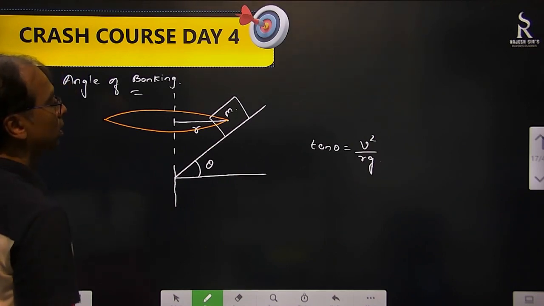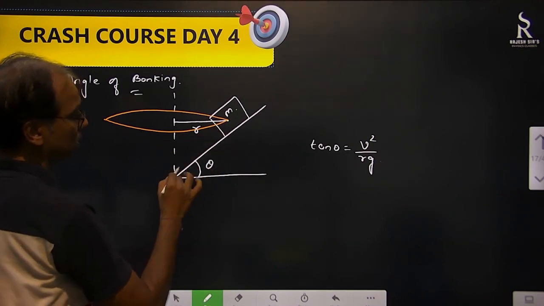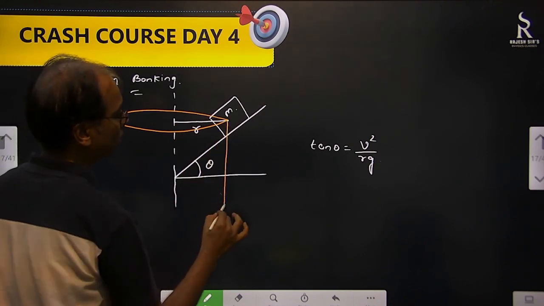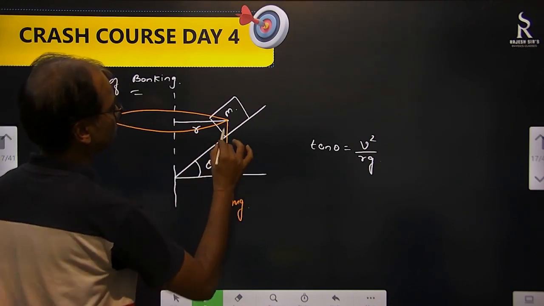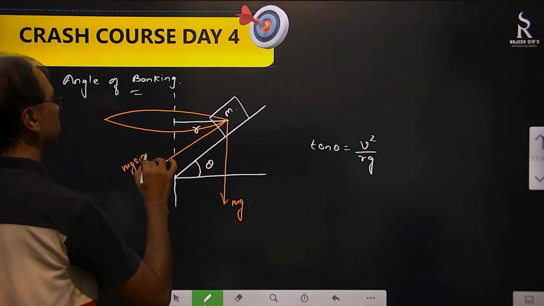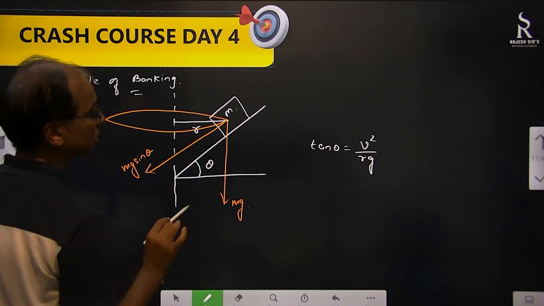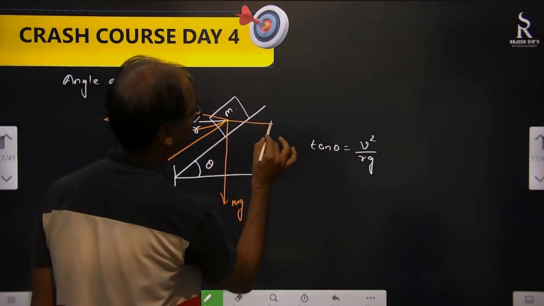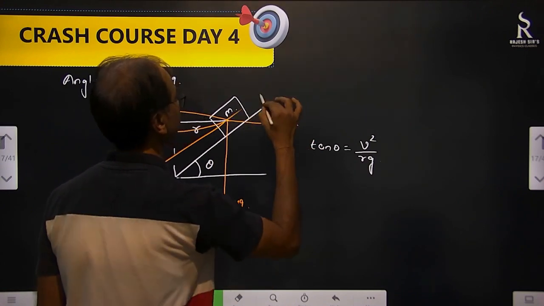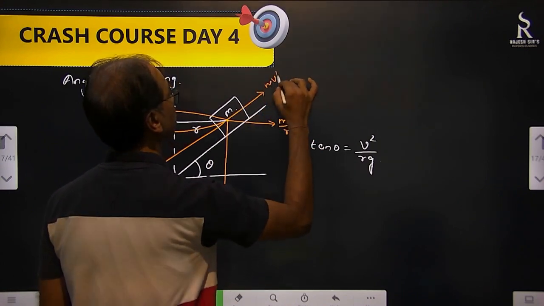So this is the radius, not this. This is not the radius. This is the radius. So what will happen? mg sin theta. Then the centrifugal force will be here, mv square by r.